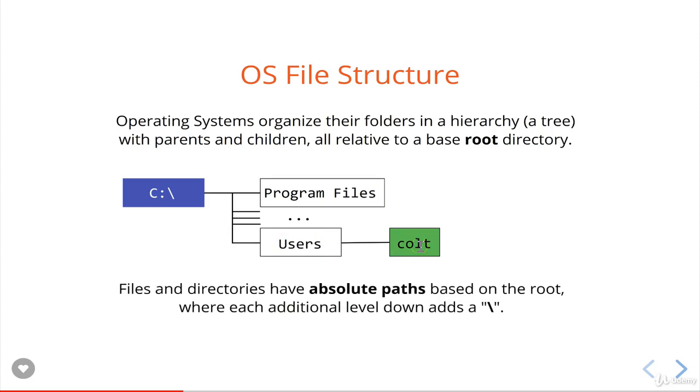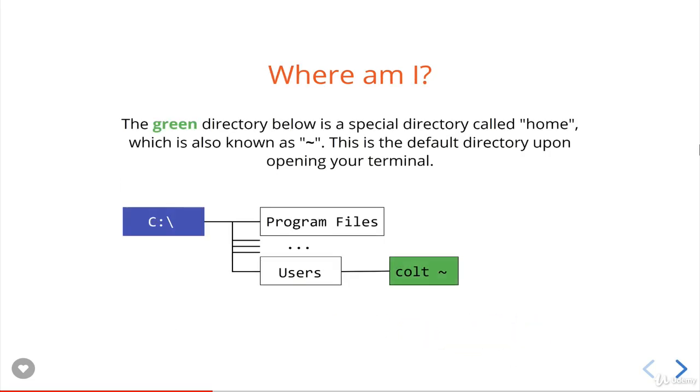But it's always separated with these \. So each layer through, I need to add a \. And you've probably seen this before. So the absolute path based off of my root directory is c/users/cult.